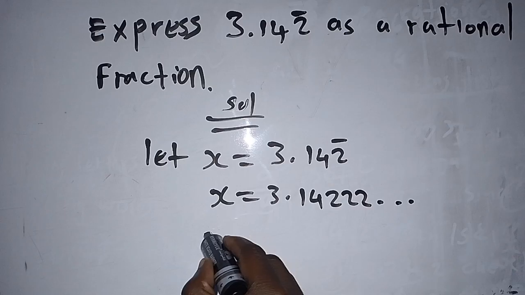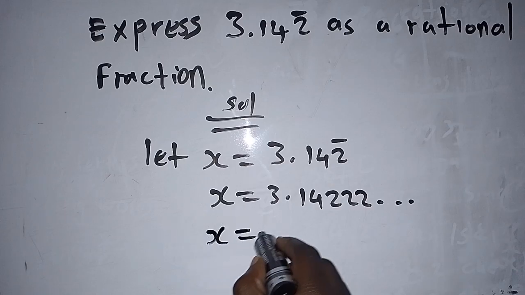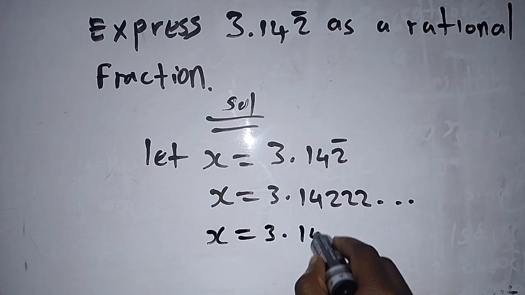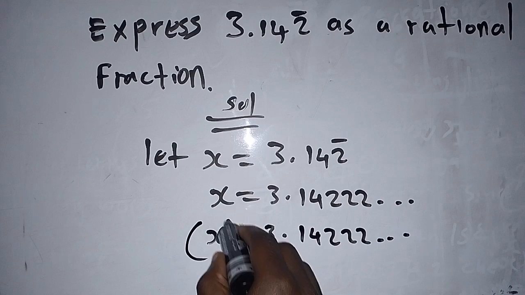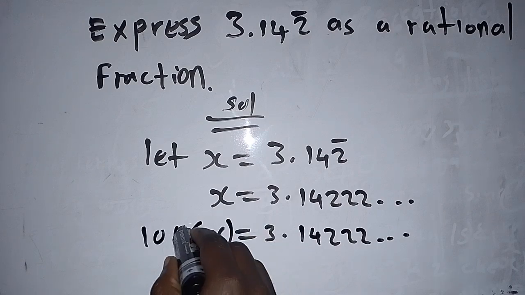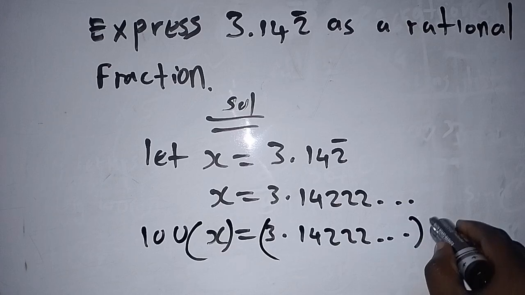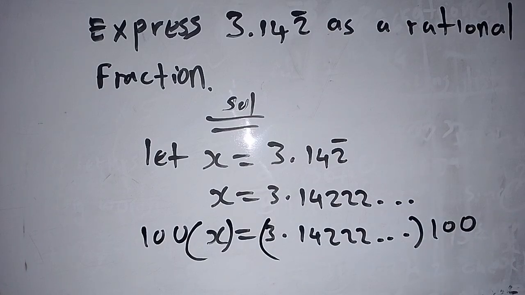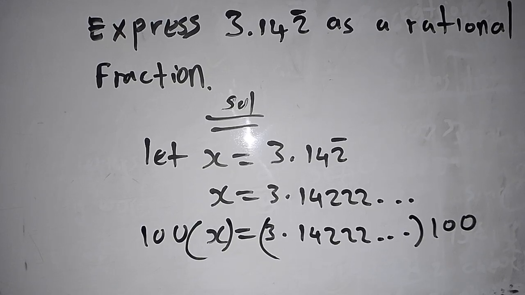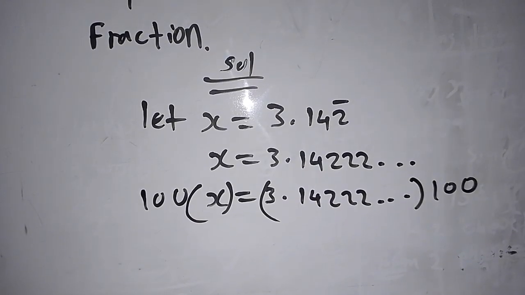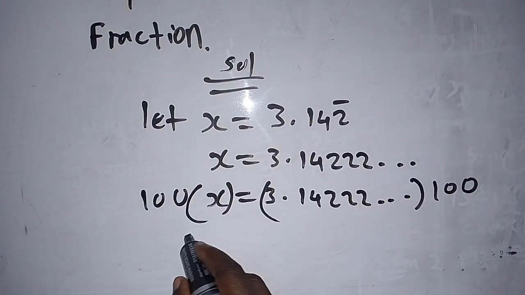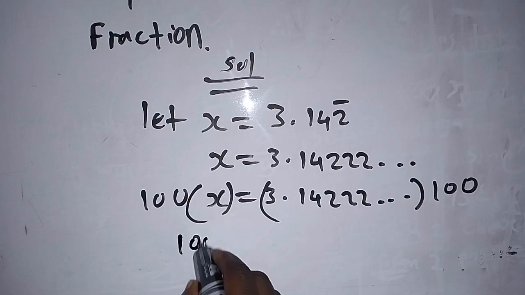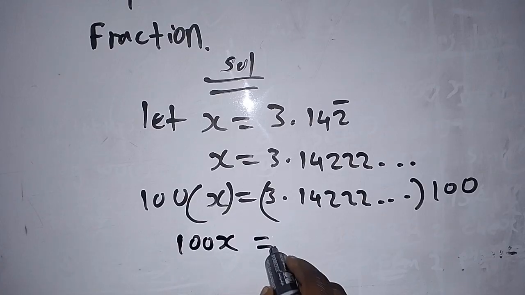So I write it again: x equals 3.1422 and so on. This side I multiply with 100, and this side I multiply with 100. So 100 by x is 100x equals.